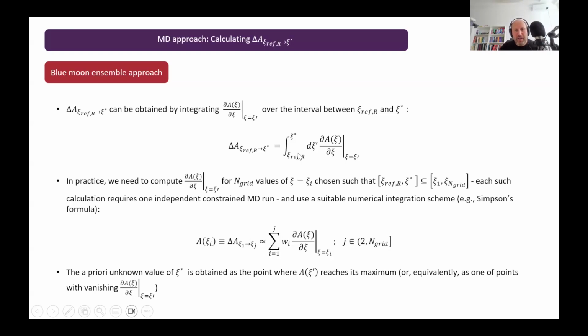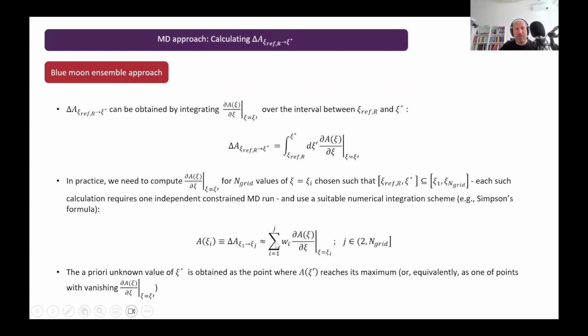Now, you might have noticed that while the reference reactant value for the reaction coordinate is selected by us, so we know what this value is, we don't know before these simulations the position of the finite temperature transition state, right? Fortunately, this is not a big complication, because technically we simply plot what I call the free energy profile.